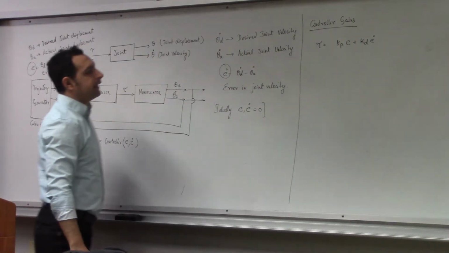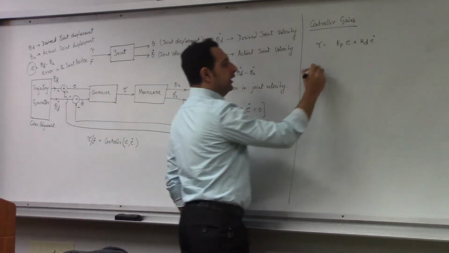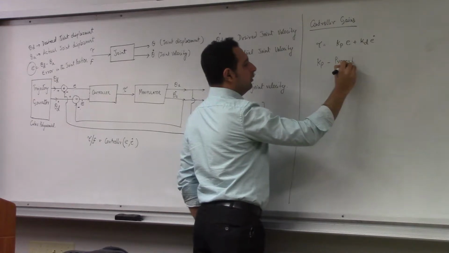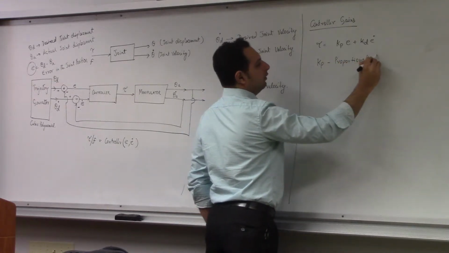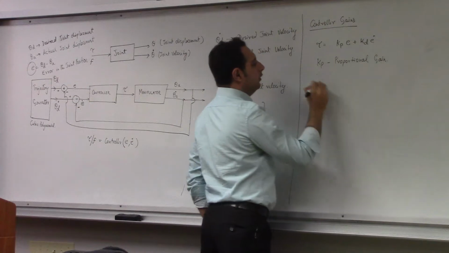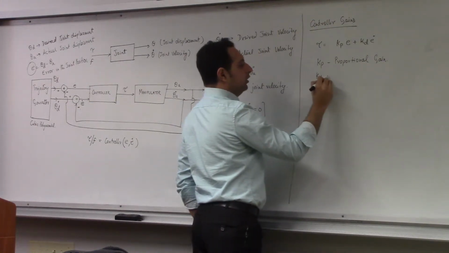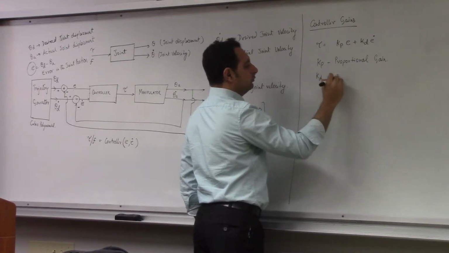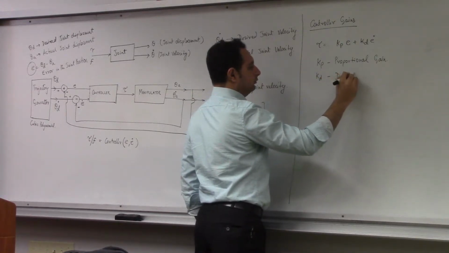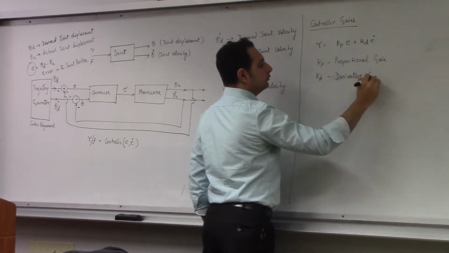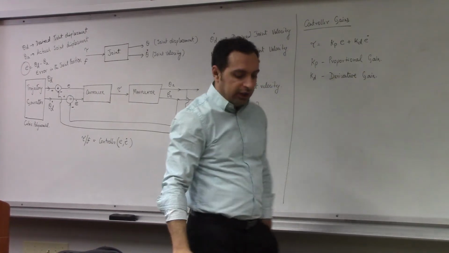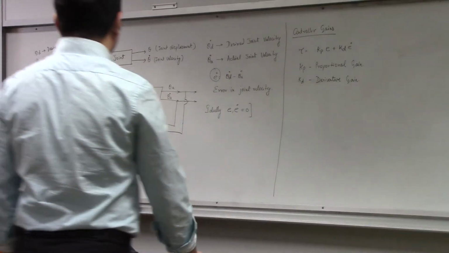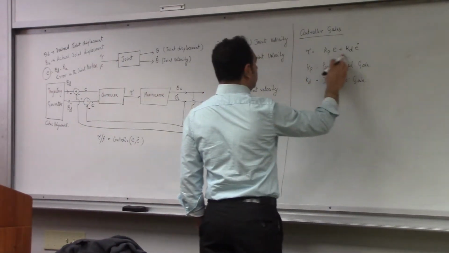Kp is called your proportional gain, and Kd is called derivative gain. These are two controller parameter values, Kp and Kd. So Kp and Kd will decide the two gains.